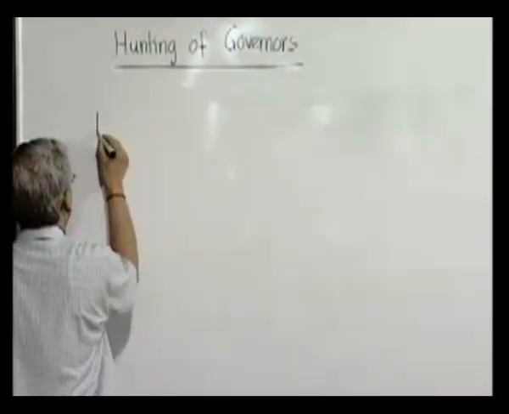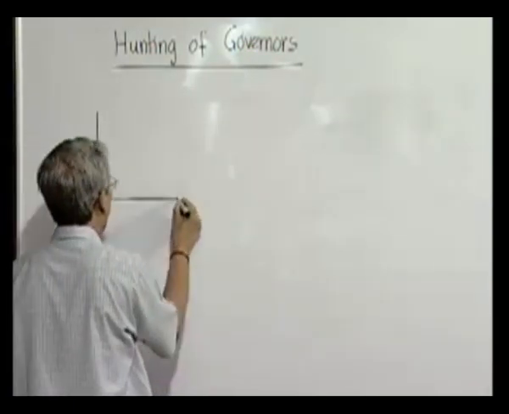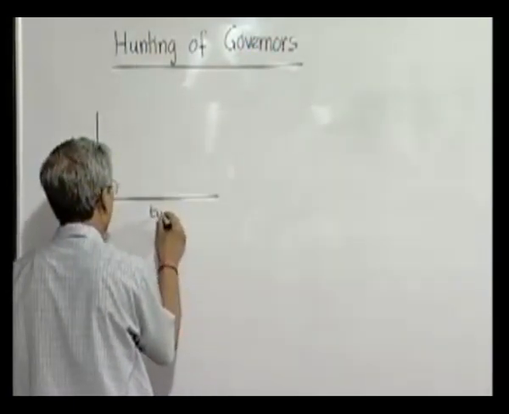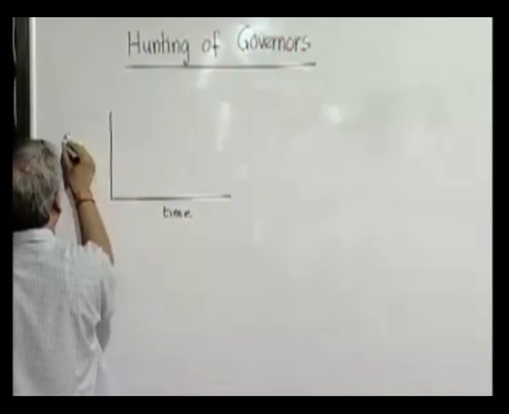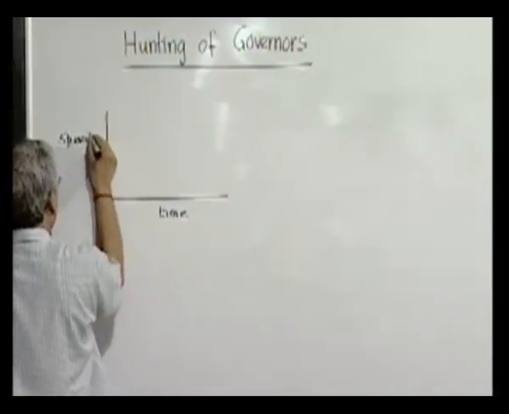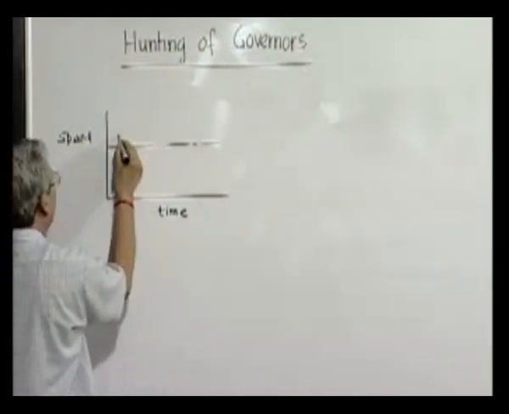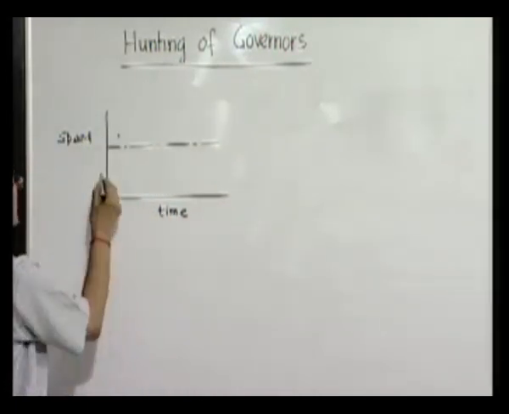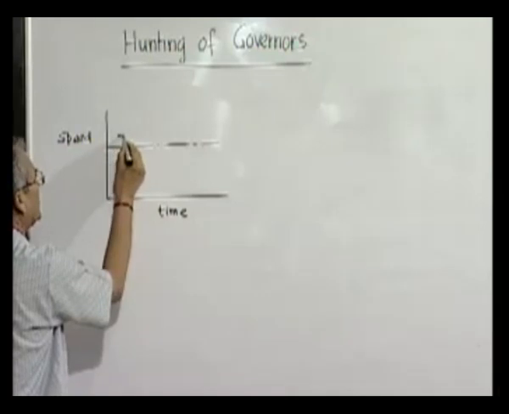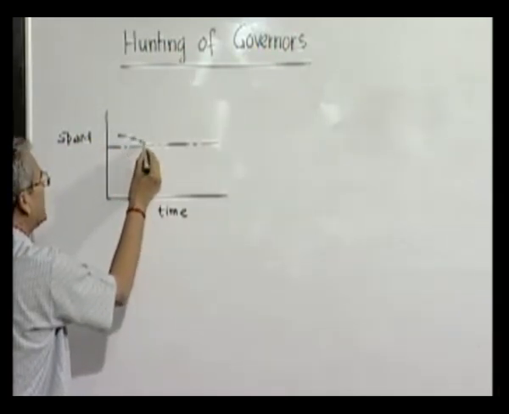But due to the finite inertia of the whole system or mechanism, it does not stop when it reaches the required speed. That means graphically we can explain that if we plot the speed with time, this is our required speed, and we are somehow here. So what we do, we try to cut down the input so that speed reduces.